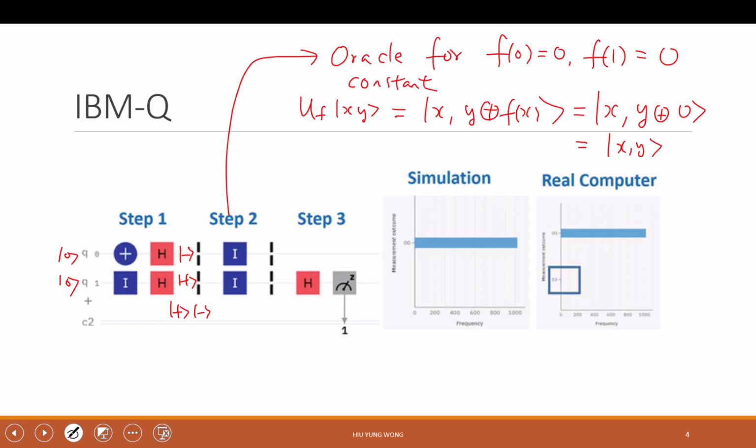If exclusive or with 1, 1 exclusive or y, you get not y. But 0 exclusive or y, you get y. So do you see that the input is xy? After this quantum oracle, I get xy. So the implementation of this quantum oracle is just an identity matrix.